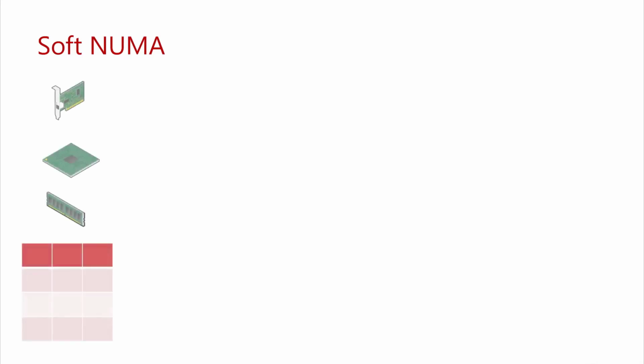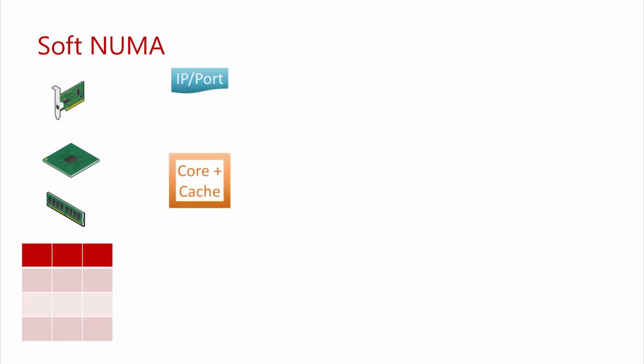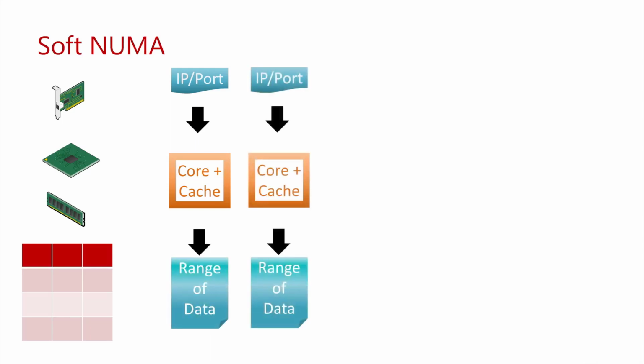Soft NUMA is a second layer that SQL Server supports to break it up even more granularly. With hardware NUMA, you can align network cards, CPUs, and memory. With soft NUMA, you can align the cores inside the CPU with certain ranges of memory connected to that CPU.